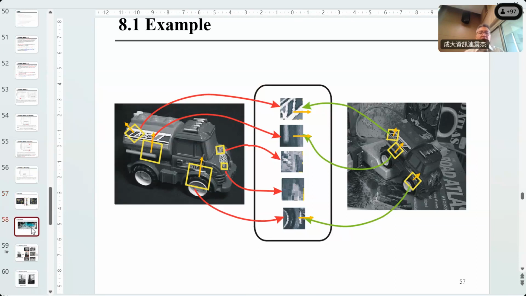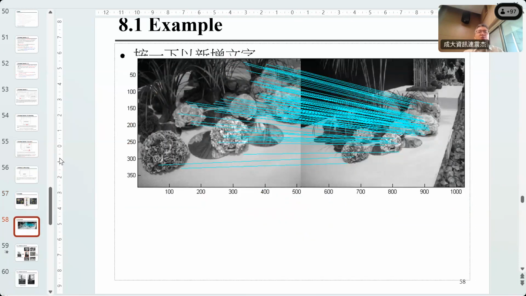I say again, if the purpose is this, if this image and this image, are they similar? If they are similar, that means there are many corresponding patches.